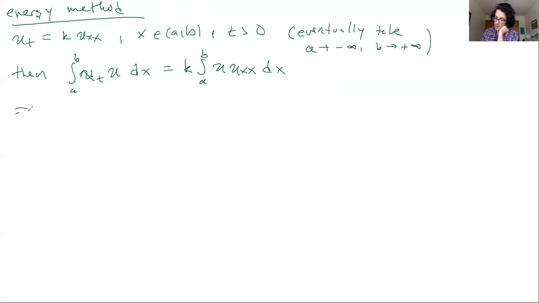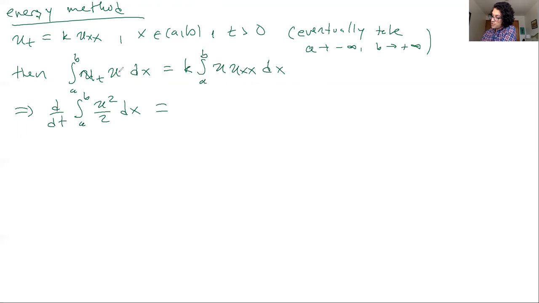So that if I integrate this integrand with respect to t, right, I see that this integrand here is the result of a differentiation of u squared over 2 with respect to t, okay?